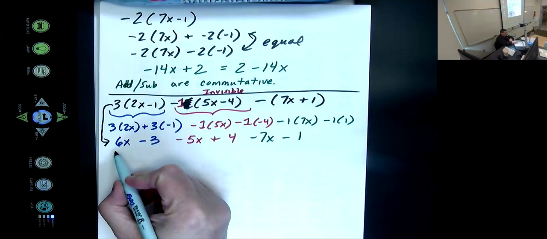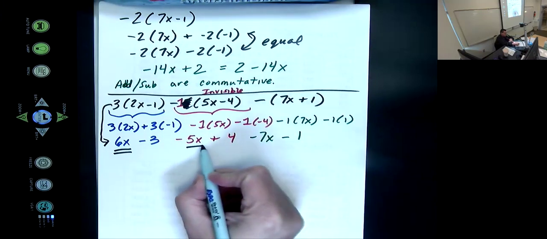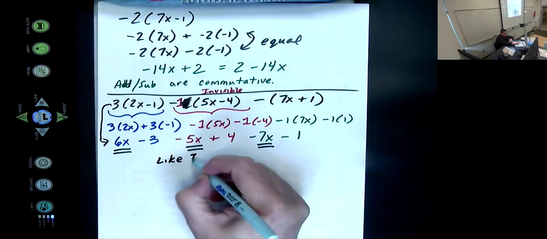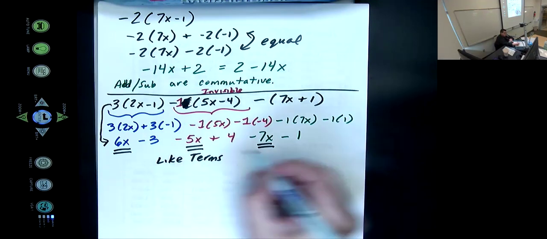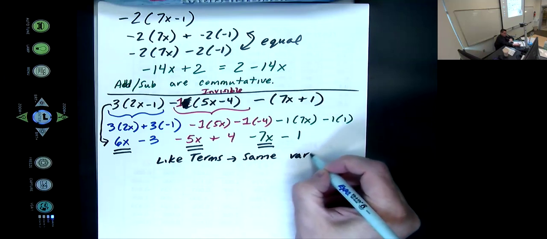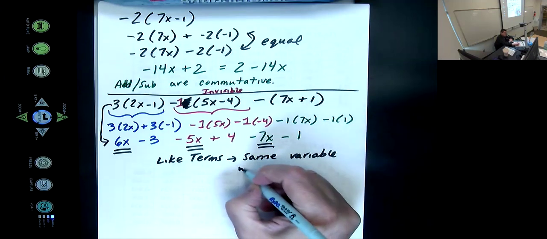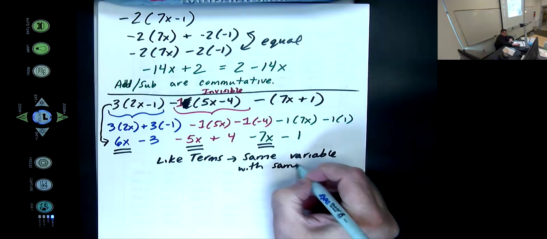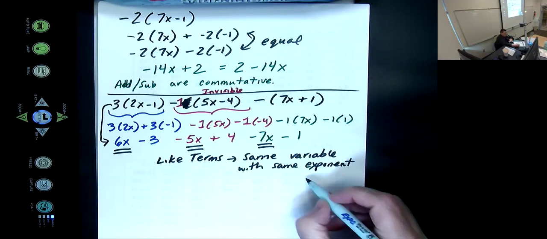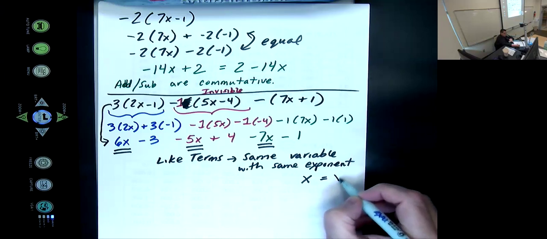These both have, all of these have an X with numbers in front of it. These are called like terms. Same variable, same exponent on them. When we just have an X, it's the same as X to the first power.